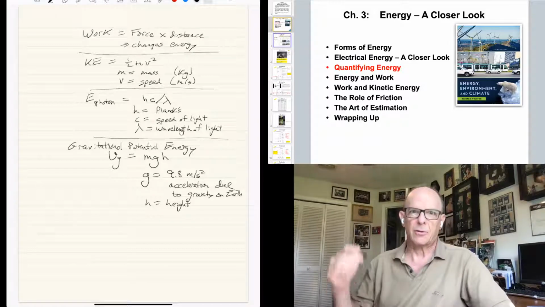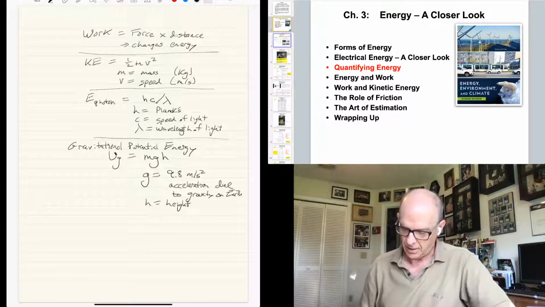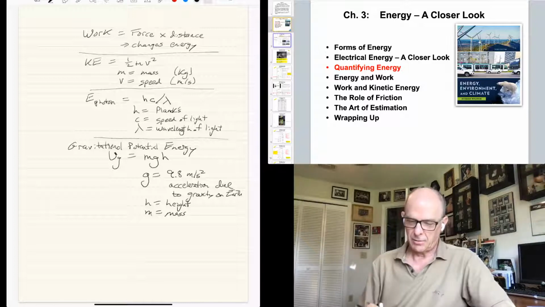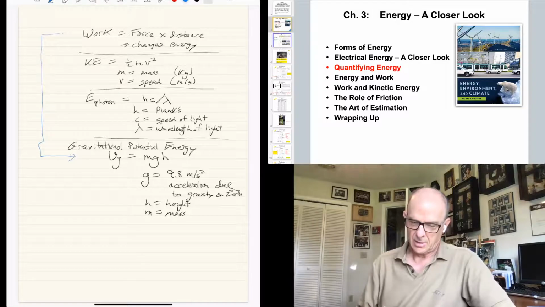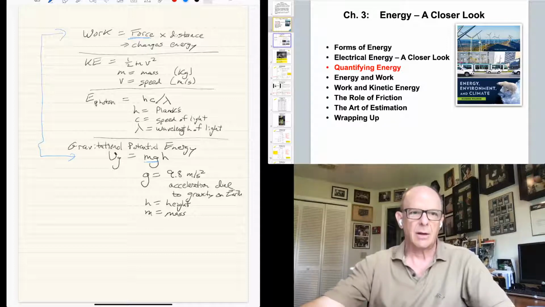And the height is just relative to whatever starting point you want to pick for how far something can fall. And again, m is the mass of the object. And so this U_G equals mgh is really very much like this work definition, because mg here is the force exerted on a mass due to gravity, and then h is the distance over which that force does work on an object.